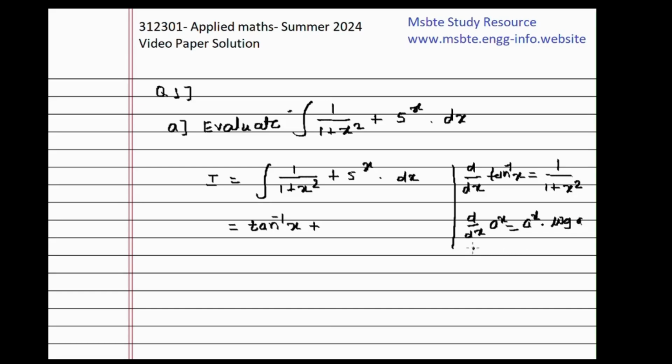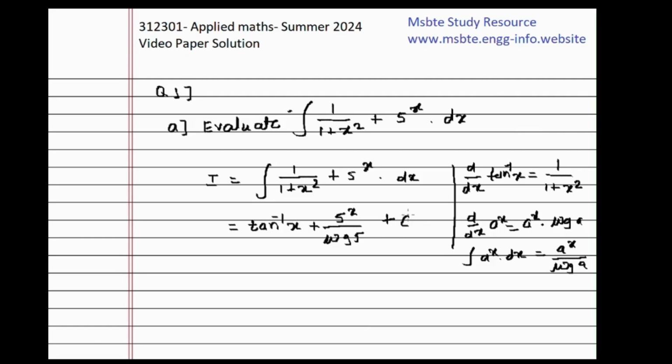And as you know, the integration is exactly opposite to derivatives. Integration of a raised to x is a raised to x upon log a. So therefore, this will be 5 raised to x upon log 5, since a is 5, plus c.